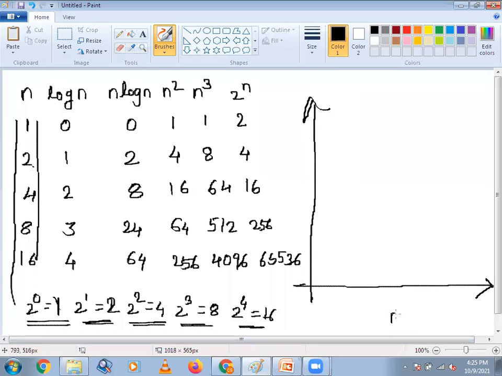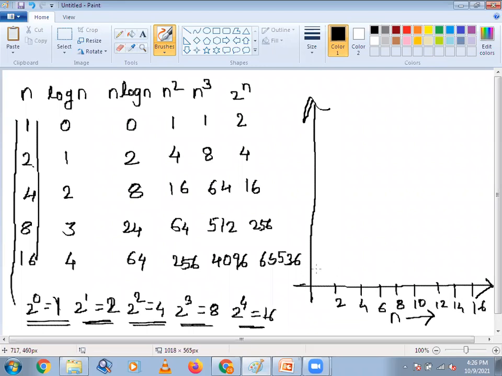Here n, so here 2, 4, 6, 8, 10, 12, 14, 16.